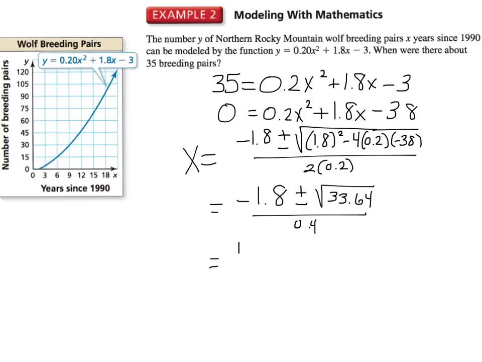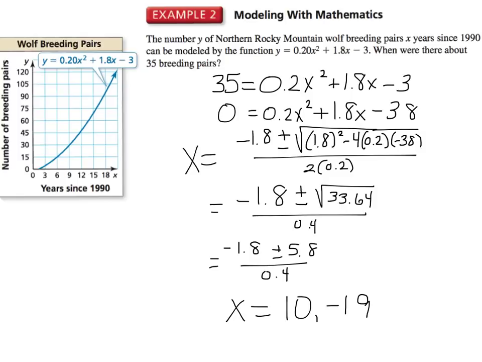That gives me negative 1.8 plus or minus 5.8, divided by 0.4. If I simplify that, 5.8 minus 1.8 gives me 4, divided by 0.4 gives me my first answer of 10. And if I did the other way, I would get negative 19.